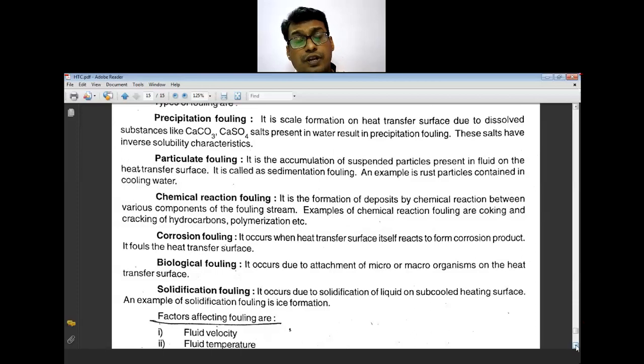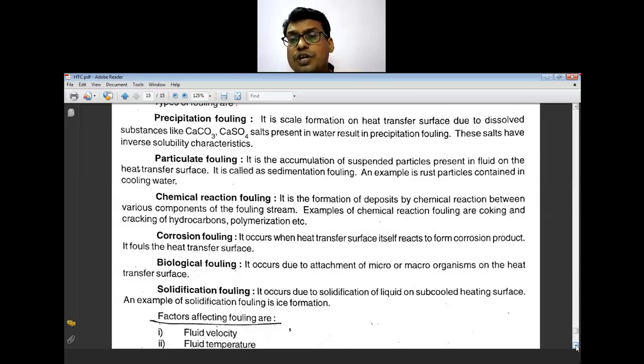In petrochemical industries, coke formation is noted on the wall surfaces. Then corrosion fouling is also there. Because of corrosion, certain scale is deposited on the metal, and this also acts as an additional resistance.